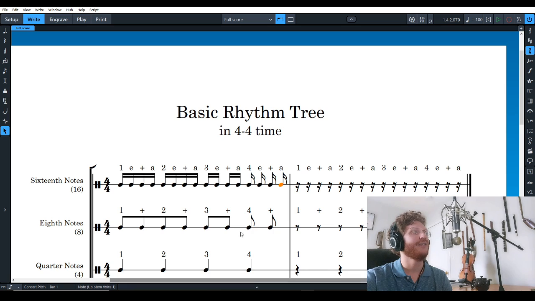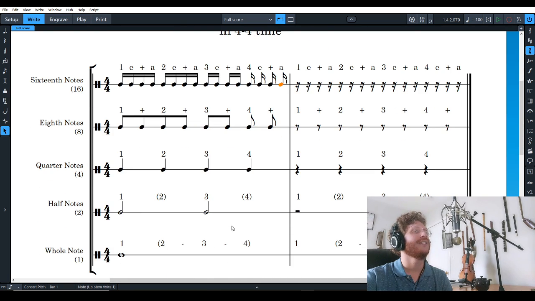So the first thing that you need to do is understand what each of these rhythms look like. Can you look at an eighth note and say, this is an eighth note versus this is a quarter note versus this is a half note, hollow note head, solid note head, one flag or one beam versus 16th notes which have two beams on them.